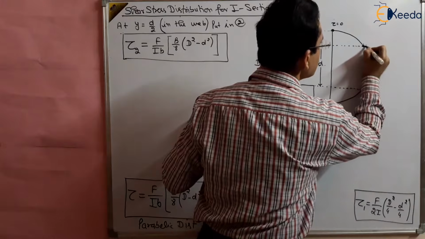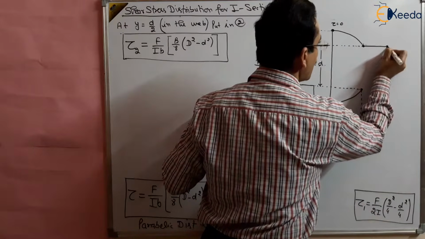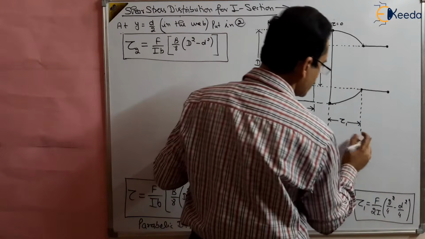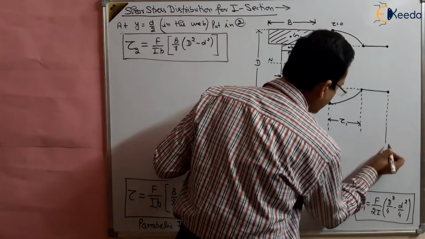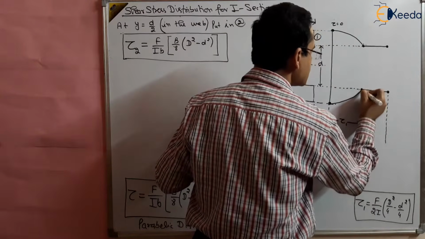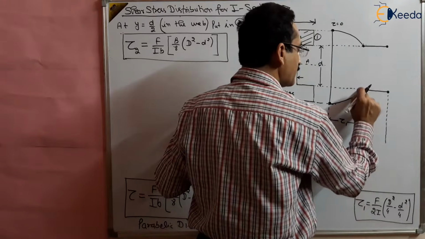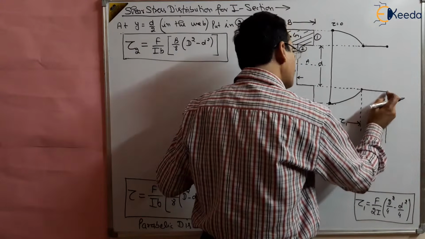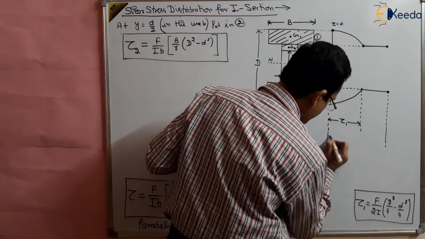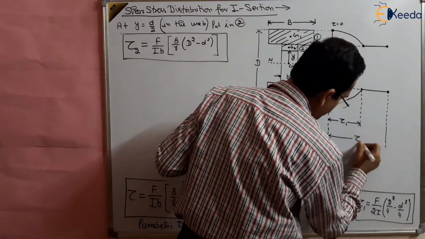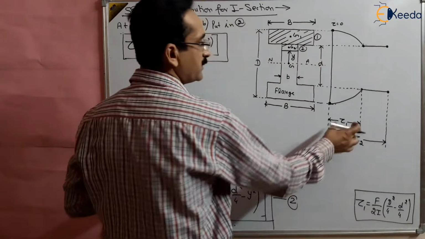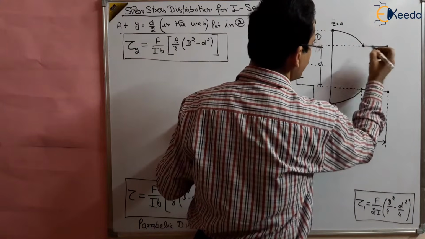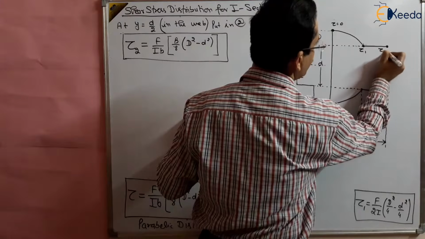This is the shear stress at the point where web and flange meet but in the flange, and this is the shear stress where the web and flange meet but in the web. So this is tau 1, this is tau 2.